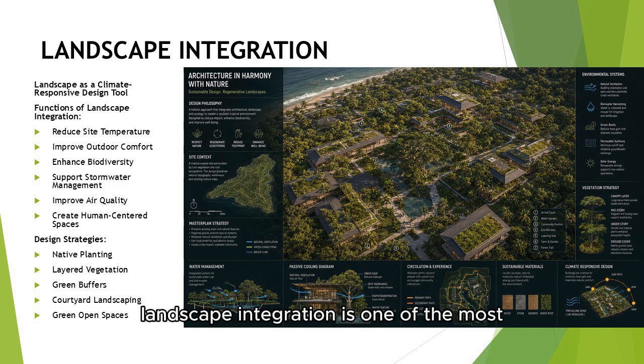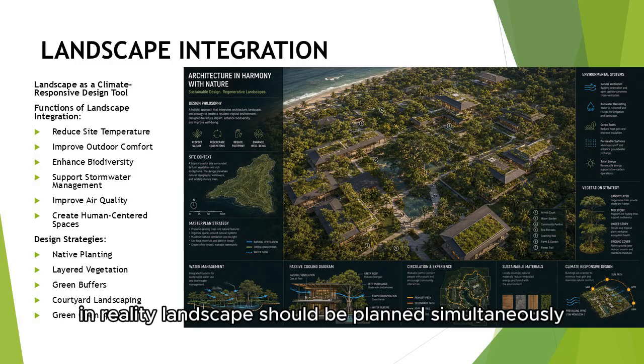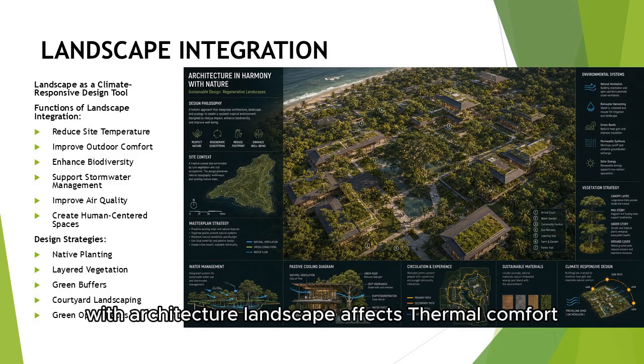Landscape integration is one of the most powerful environmental tools available to architects. Unfortunately, landscape is often treated as an afterthought. In reality, landscape should be planned simultaneously with architecture.